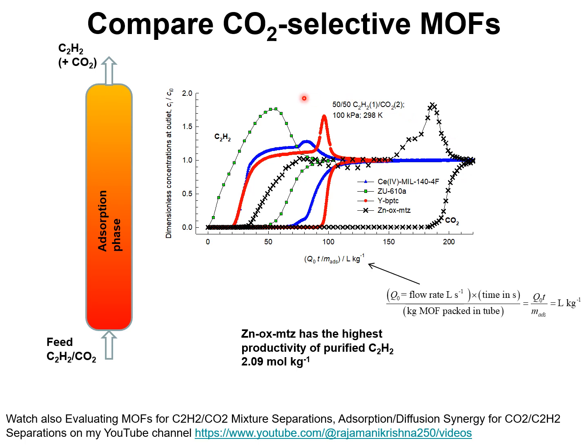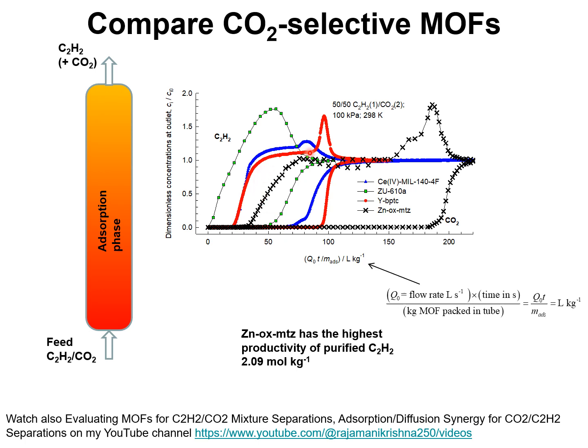In this graph, I compare the transient breakthroughs of 50-50 C2H2/CO2 mixtures with use of 4 different MOFs that are all selective to CO2. The green squares represent experimental data for ZU-610A.